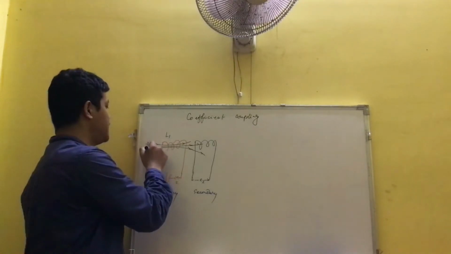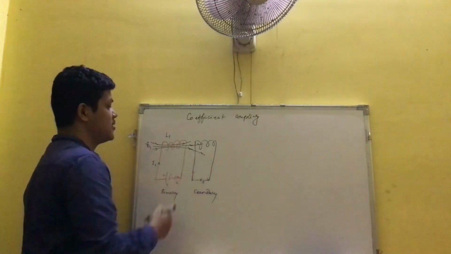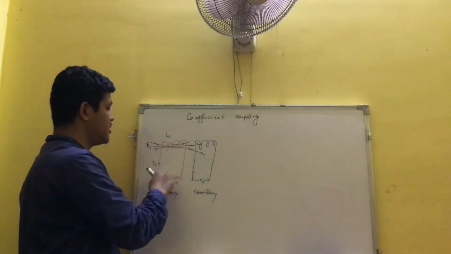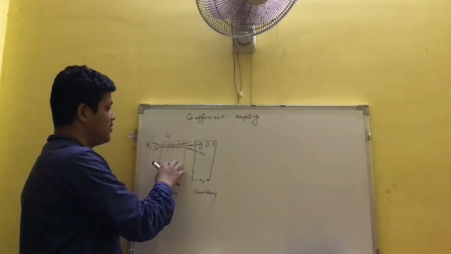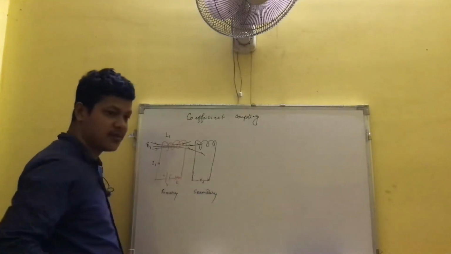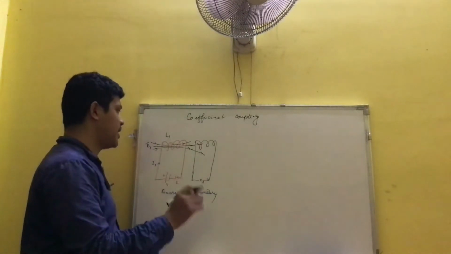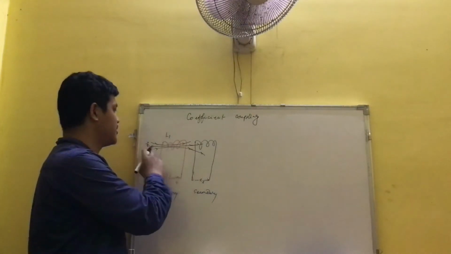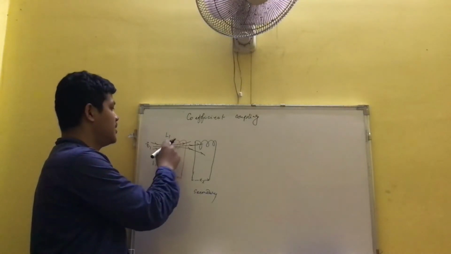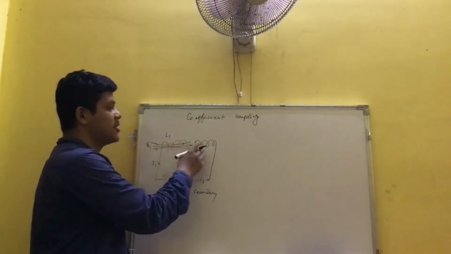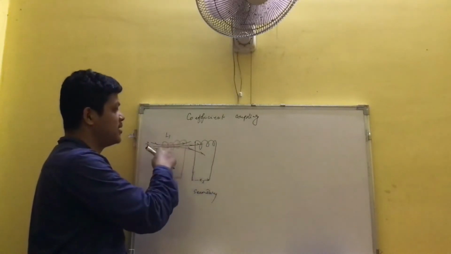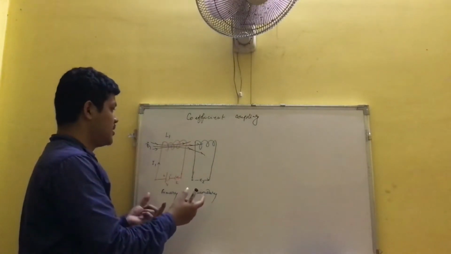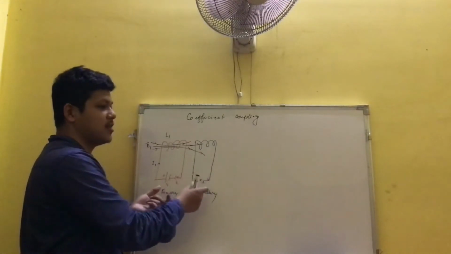The magnetic field in this coil may not be the same as in this one, because the flux associated with this coil may not be completely linked with that coil, right? As an example, suppose there are 10 magnetic field lines generated here, and out of 10 maybe 7 or 5 may pass through this, or sometimes all of them may pass through that, depending on how close the two coils are and how they are set up.